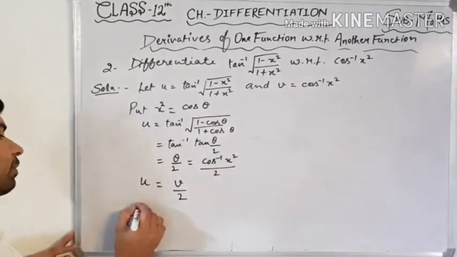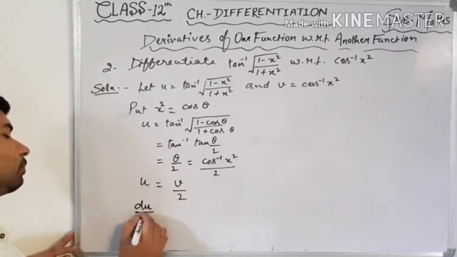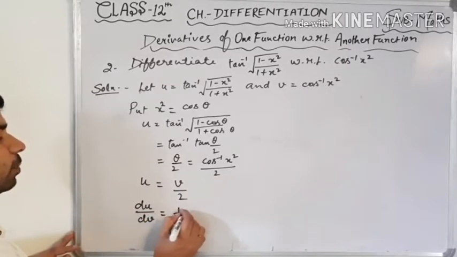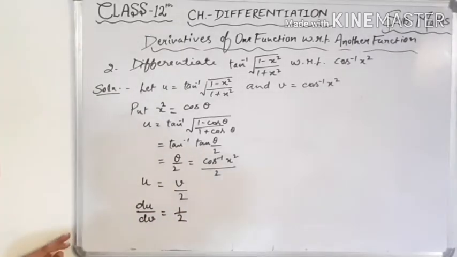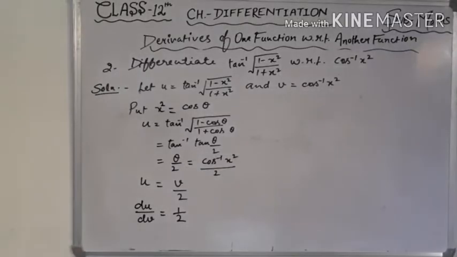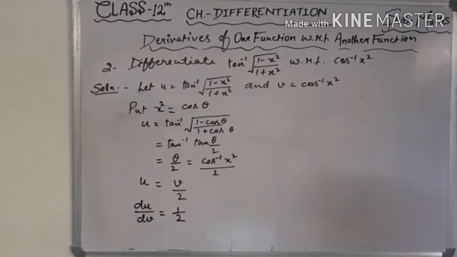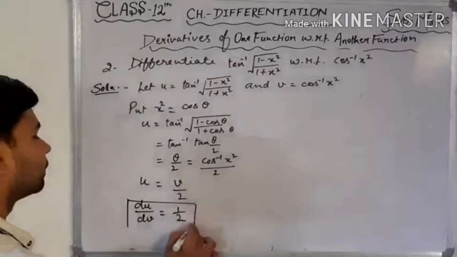Now differentiate u with respect to v. We get 1 upon 2. This is your answer.